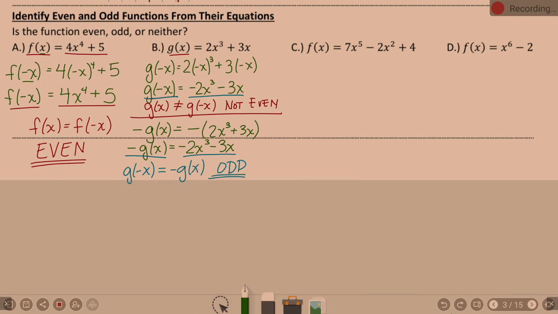First thing we need to find is f of negative x. Every place you see an x, put in a negative x, yes? So 7 times negative x to the fifth minus 2 times negative x to the second plus 4.